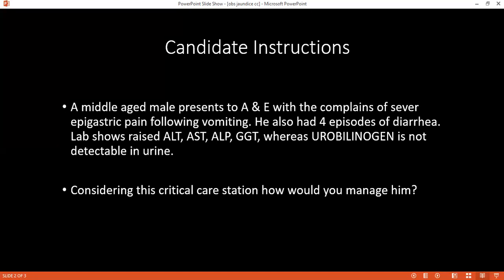Crystalloid, preferably. How would you determine how much fluid is required for this particular patient? The daily maintenance with ongoing loss is what will be given to the patient.